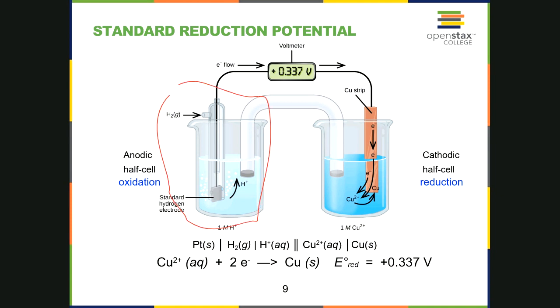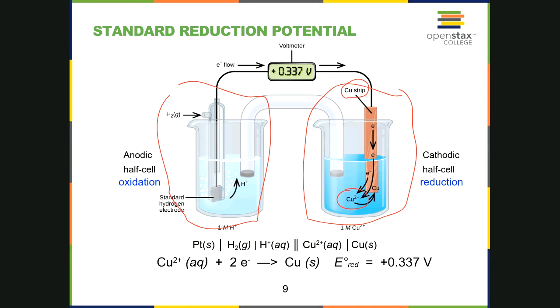But on the right side, we have solid copper in that strip, and then we've got copper 2+ cation. So what we're measuring here is the potential from the copper, not from the hydrogen electrode, because we're saying its potential is 0.